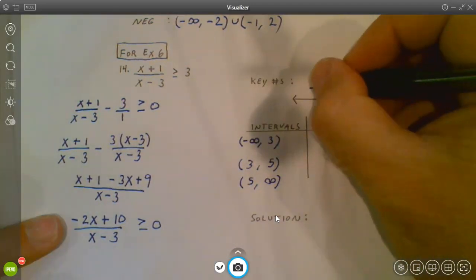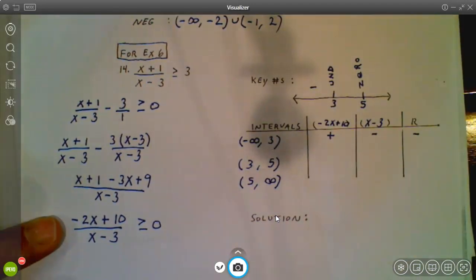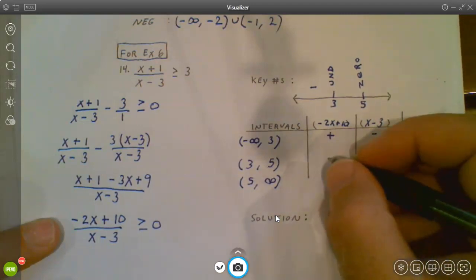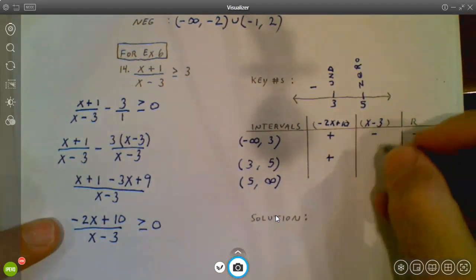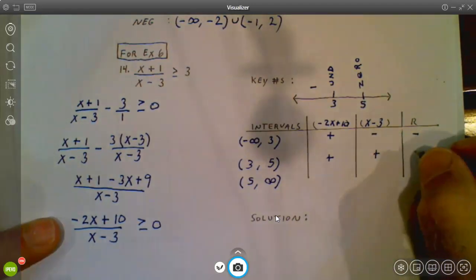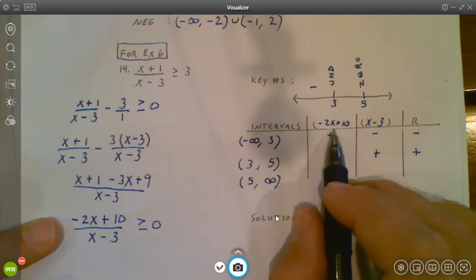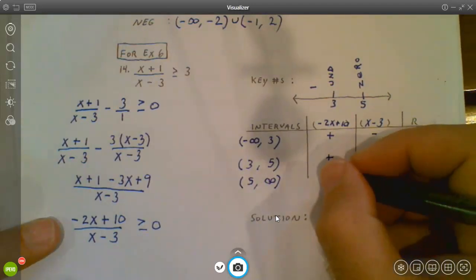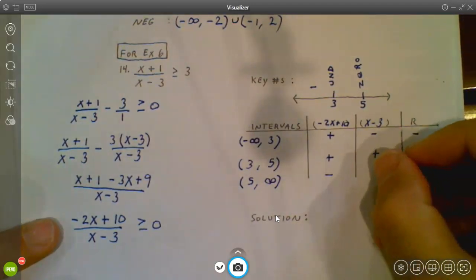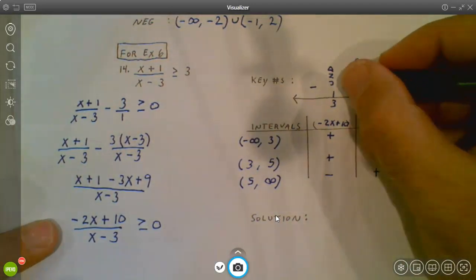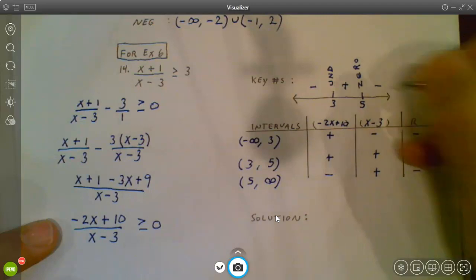So we want to identify that in our little sign graph right there. Pick a number like 4. So negative 8 plus 10 would be positive. 4 minus 3 is positive. So overall, he's positive. Pick a number like 6. So negative 12 plus 10 is negative. 6 minus 3 is positive. So he's overall negative. So we have those sections now identified.